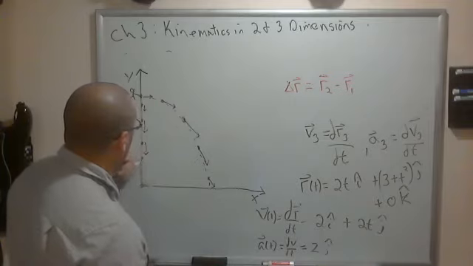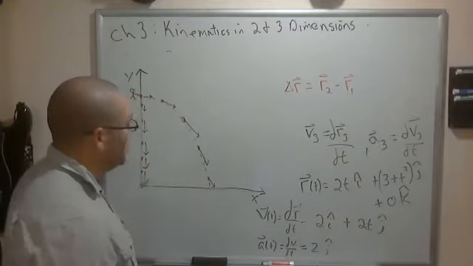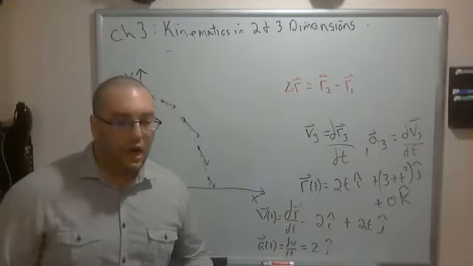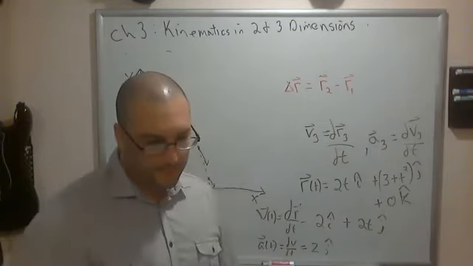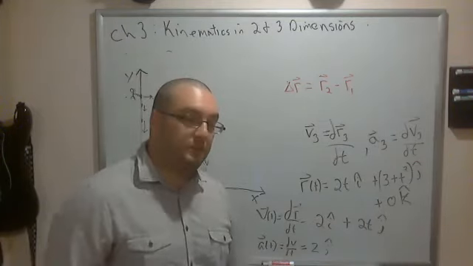So let's say I drop a ball and throw one at the same time. Which one will land first? They'll land at the same time. That's correct. They'll land at the same time.